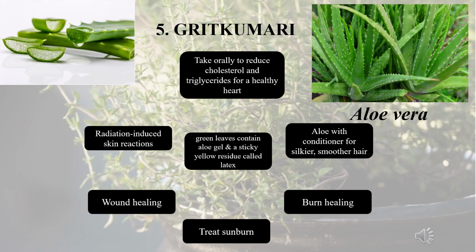Then the fifth one is Gheekumari, whose botanical name is aloe vera. Aloe vera is a perennial green herb with bright yellow tubular flowers that is extensively distributed in hot and dry areas of different regions.